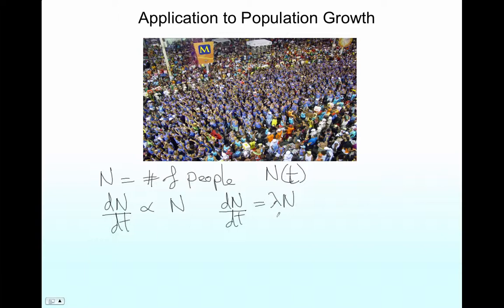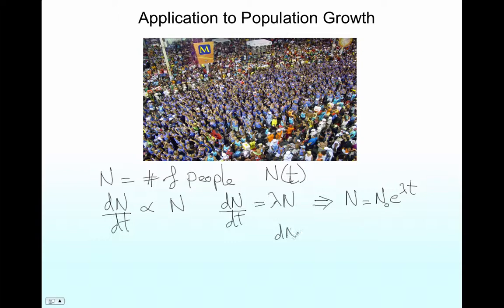Now clearly if lambda is 0, then the population is not changing with time. If lambda is large, then the population is changing rapidly with time. So it depends upon how many children a couple have, etc. Now the solution for this, I claim, is n equals n naught e to the lambda t. Let me check.